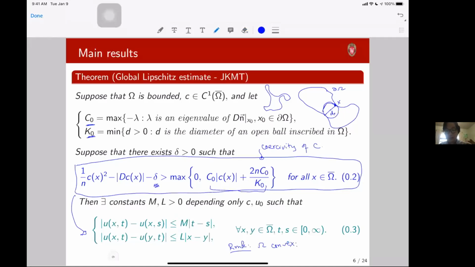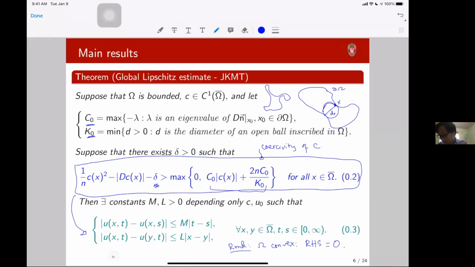So when omega is convex, then the right hand side of the condition 0.2 is going to be 0. What it means is that if we take omega to be convex, then we don't have to worry about the geometry coming into play. But if omega is not, then we have to be careful.